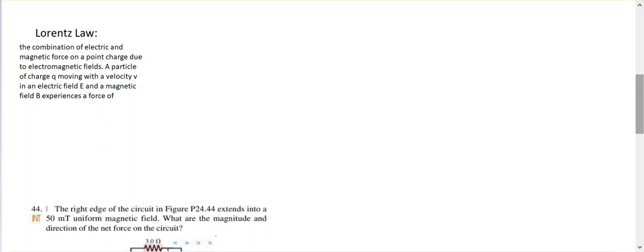Lorentz law states that the overall force is equal to the current times the length of the wire times the magnitude of the B field, in our analogy, how much wind, times the sine of the angle between the B field and the wire. So in our example above, we had the B field like this.